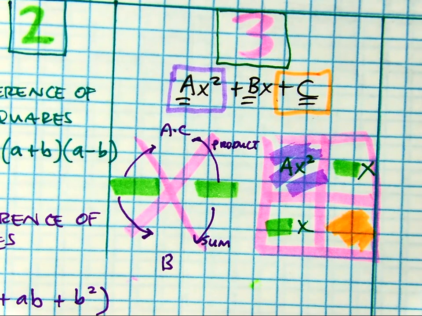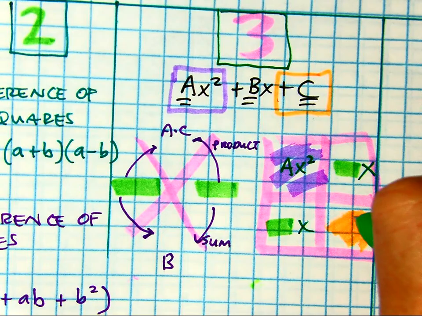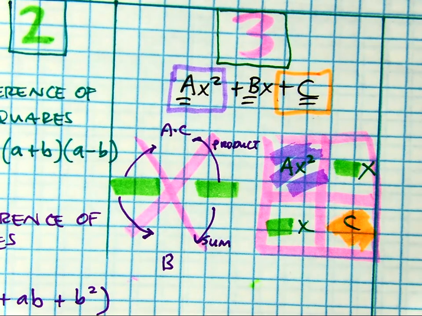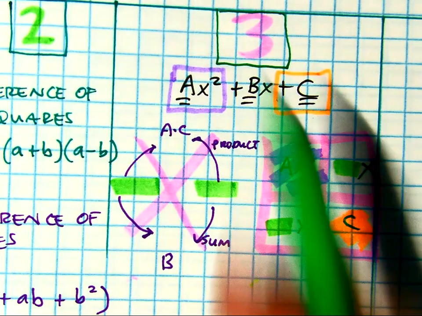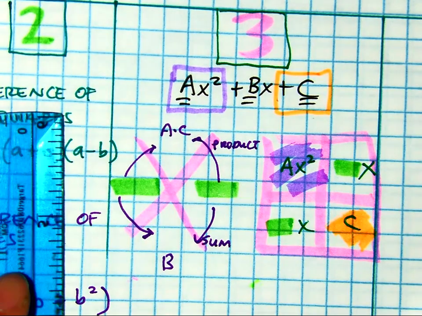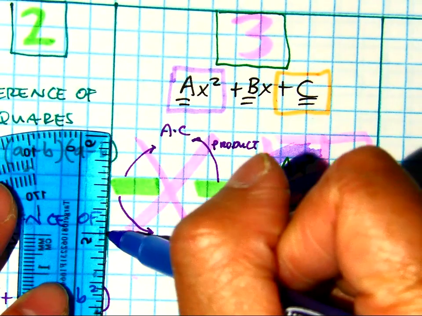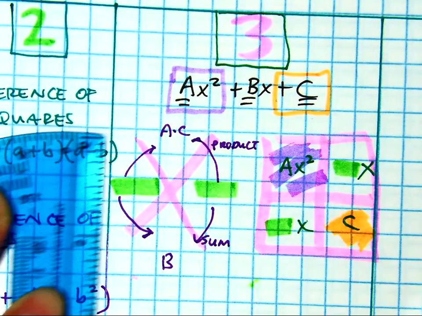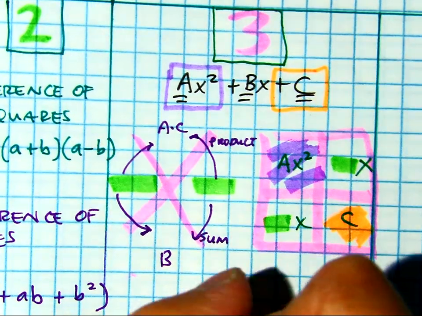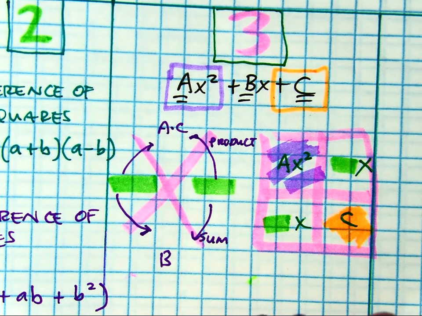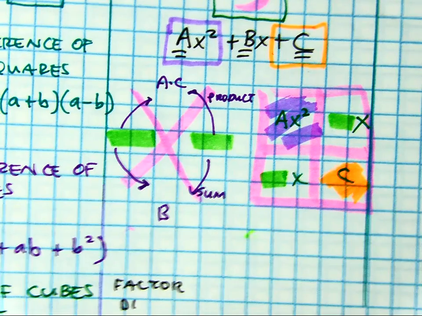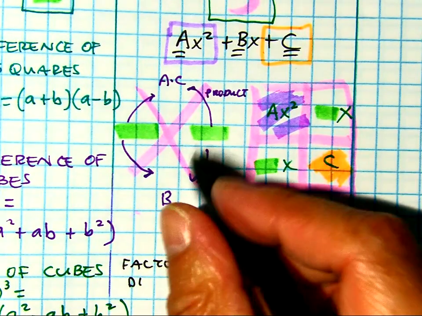Some people call this one, let's make that line better, some people call this the factor diamond. And over here they call this the area model.